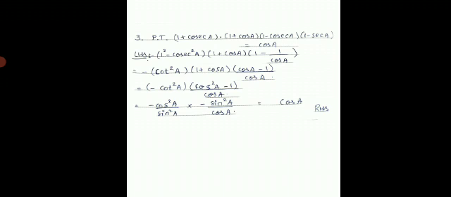Then the second bracket and third bracket have common terms, that look like A minus B and A plus B again. Use the identity A square minus B square here. You get cos square of A minus 1. So the first bracket 1 plus cos A can also be written as cos A plus 1, by the commutative property under addition. So cos A minus 1 we cannot change, so you can change directly to cos A plus 1.